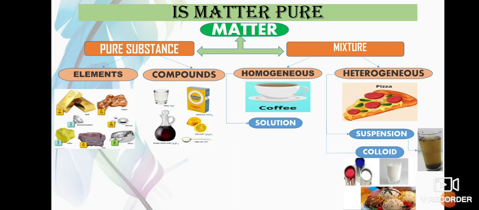For colloid, paints, milk, ice cream. And for solution, mixing salt with water. This is a schematic diagram, or you can say flow chart, of matter. Okay, these are the words we will discuss in this video. Okay, students?